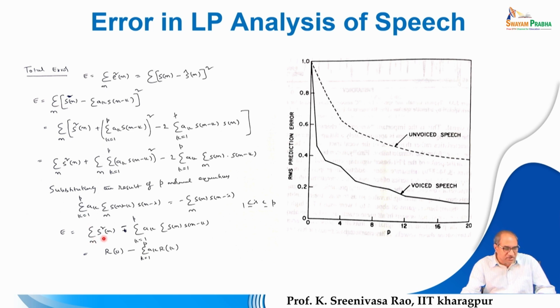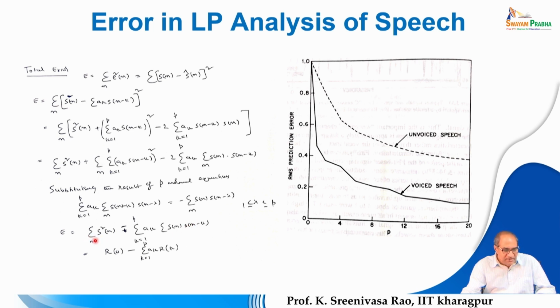So that way S of n square minus ak into S of n into S of n minus k. And here this S of n square and S of n into S of n minus k are nothing but the autocorrelation coefficients. S of n square is autocorrelation at the 0 shift, and S of n into S of n minus k is autocorrelation at the kth shift.